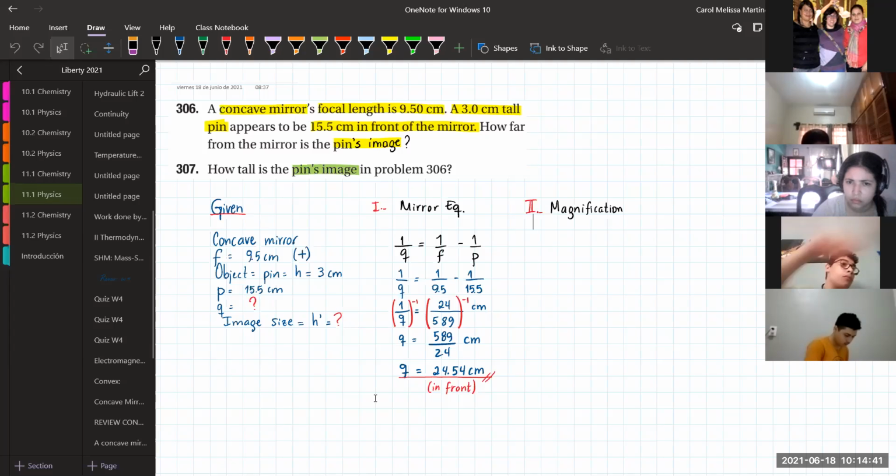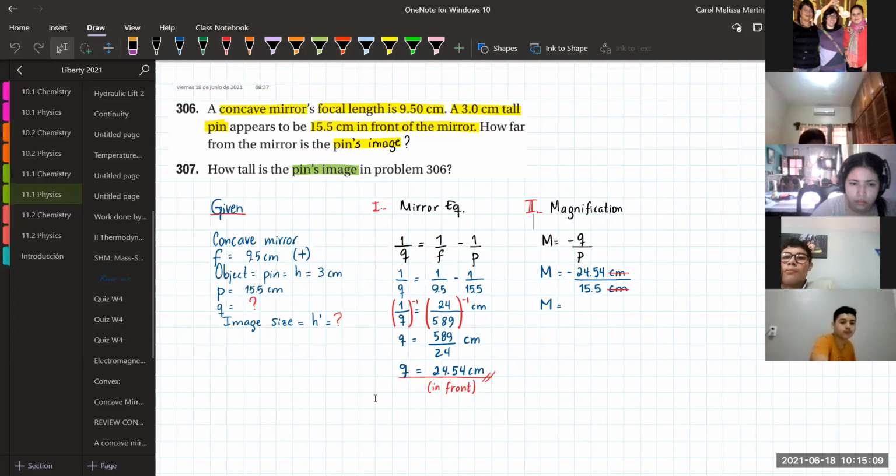M is equal to negative Q divided by P. We substitute by the givens and we have negative 1.58, but in the end, we can approximate to negative 1.6.